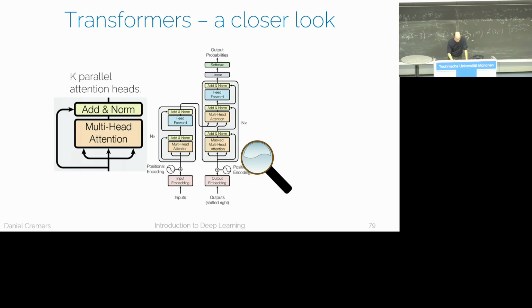And as you can see here, this is then followed by a feed-forward network, so a perceptron, to process the outputs of this attention map. And as I mentioned, 2/3 of the parameters of a model like GPT-3 actually go into these feed-forward networks.